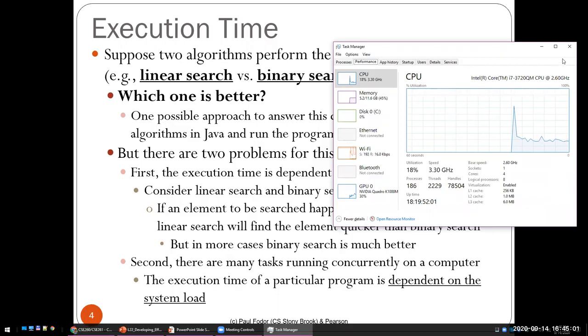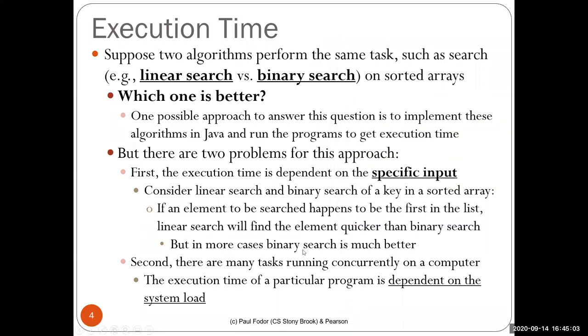And it's not fair for an algorithm to be measured in parallel with other tasks based on the execution time. So execution time for a particular program, what is called the wall time, is dependent on the system load.